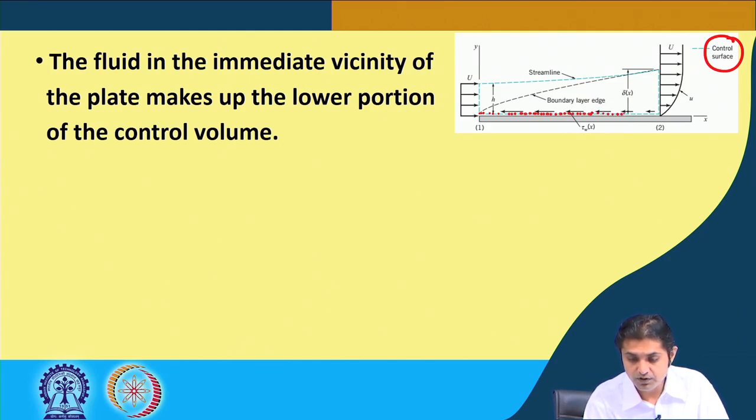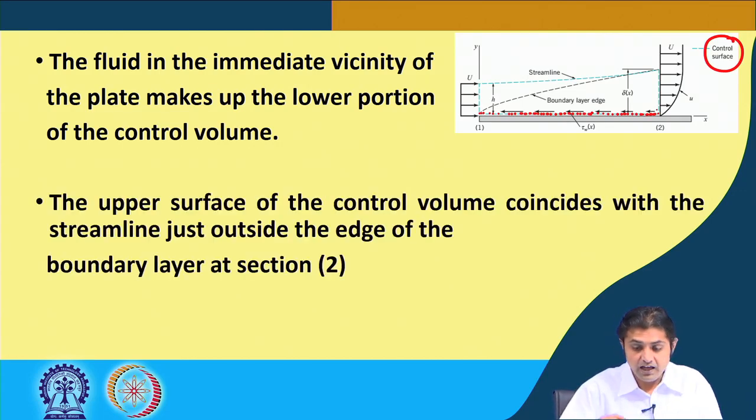This is the lower portion of the control volume, and the upper surface of the control volume coincides with the streamline just outside the edge of the boundary layer. So, this is the topmost surface of the control volume.